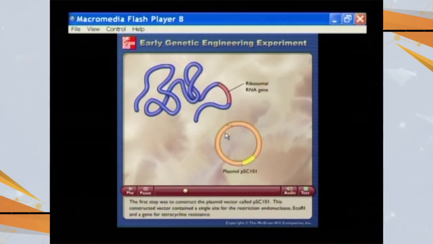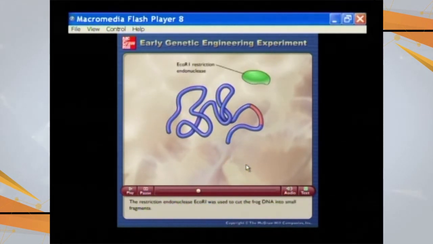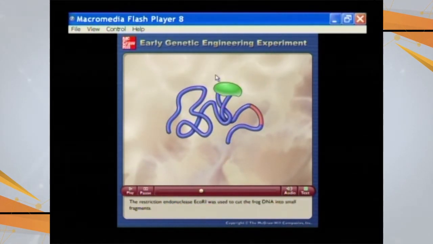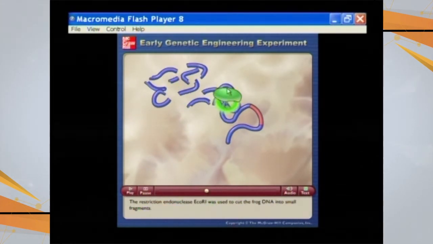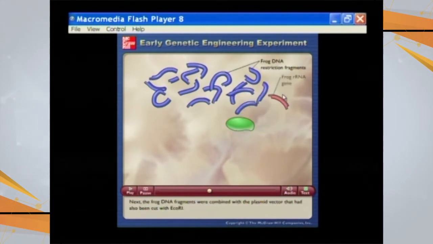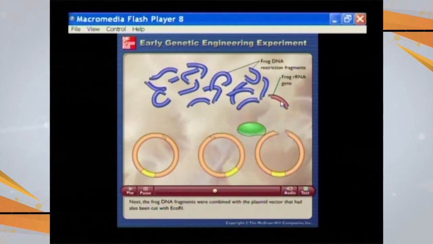This is one of the plasmids. This is one of the EcoR1 restriction sites. This is the tetracycline resistance gene. This is the EcoR1 restriction fragment that is going to break down the DNA into different fragments, and this fragment, the ribosomal RNA gene, is also isolated.